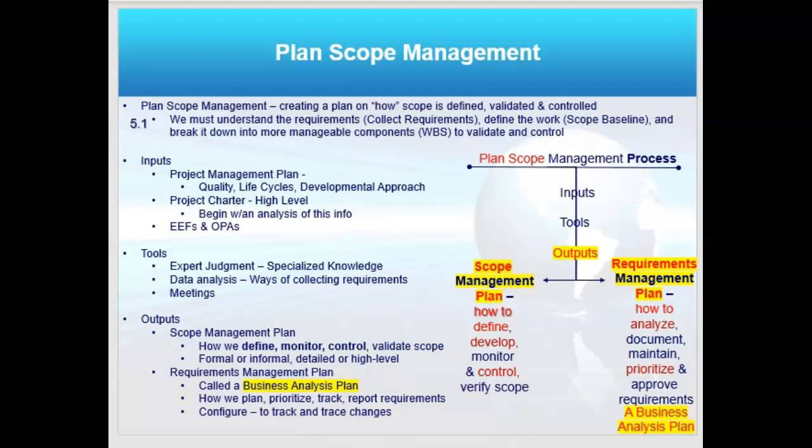One is the scope management plan, which is your typical how I'm going to define and control scope in the overall project plan. The other one, called the requirements management plan, is about how I'm going to analyze and prioritize the requirements.